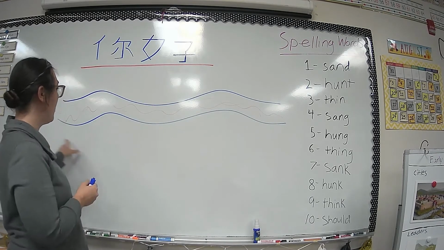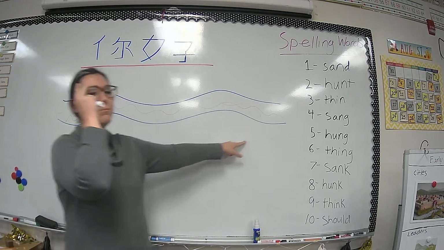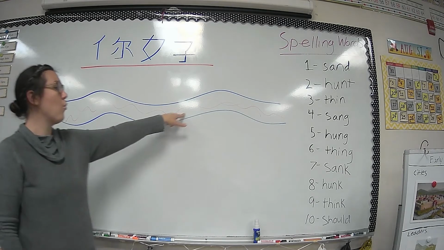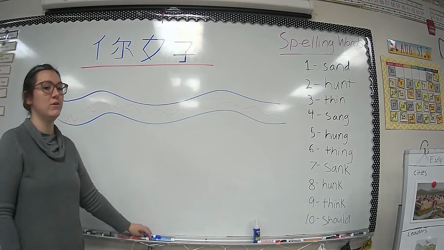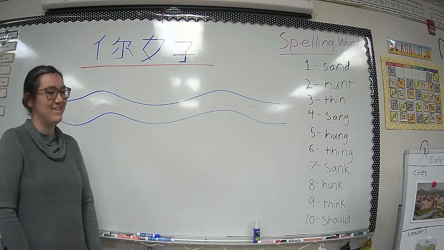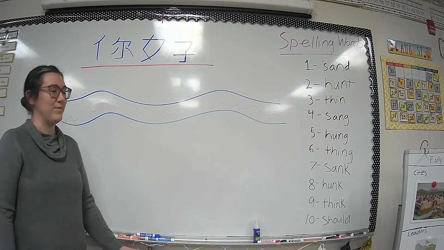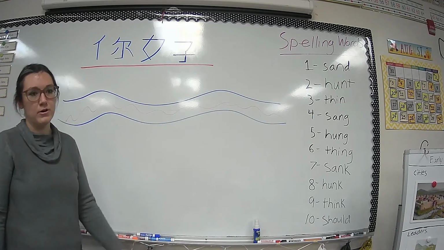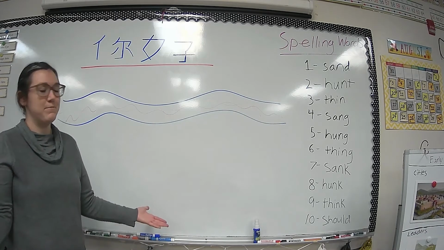I drew a blue river, but then I added this kind of orangey brownish color. What river do you think I was trying to draw? The Yellow River, because it has that yellow color because of all the silt inside of it.